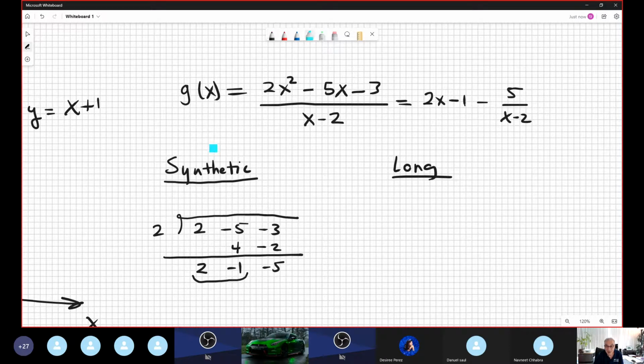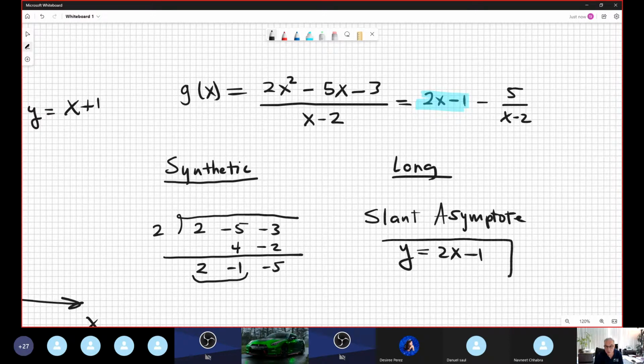And that part represents the slant asymptote. It is, you know, y equals x minus 1. Do the line as a dotted line, of course, that represents this asymptote. Super cool. No problem.